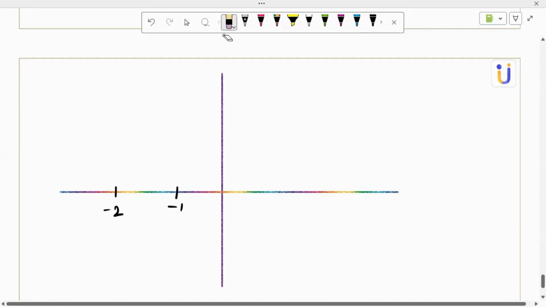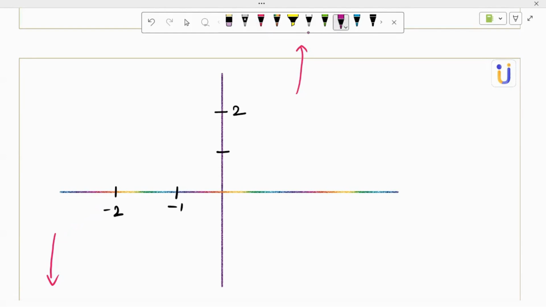And then the y-intercept is +2. I know the cubic structure, it's going to be something like this. Leftwards, it will be dropping down. Rightwards, it will be moving up.